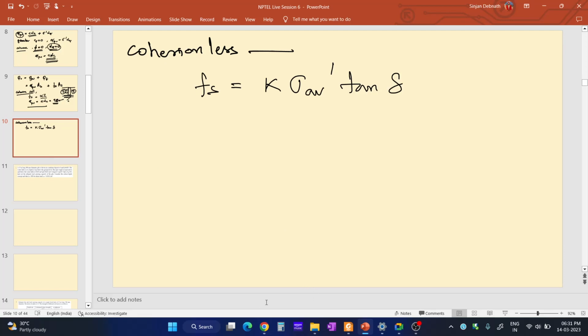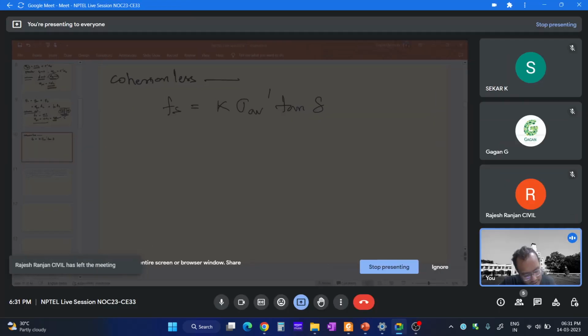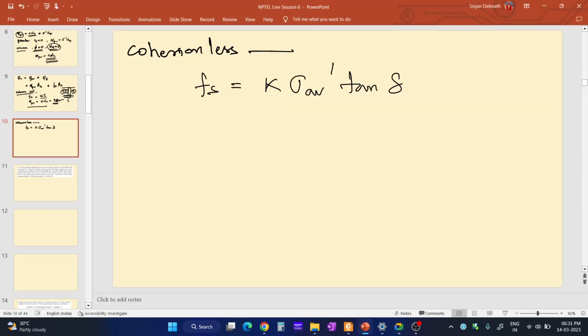So what is delta actually? This delta is the angle of shearing resistance between the soil particles and the pile. Suppose this is a pile.